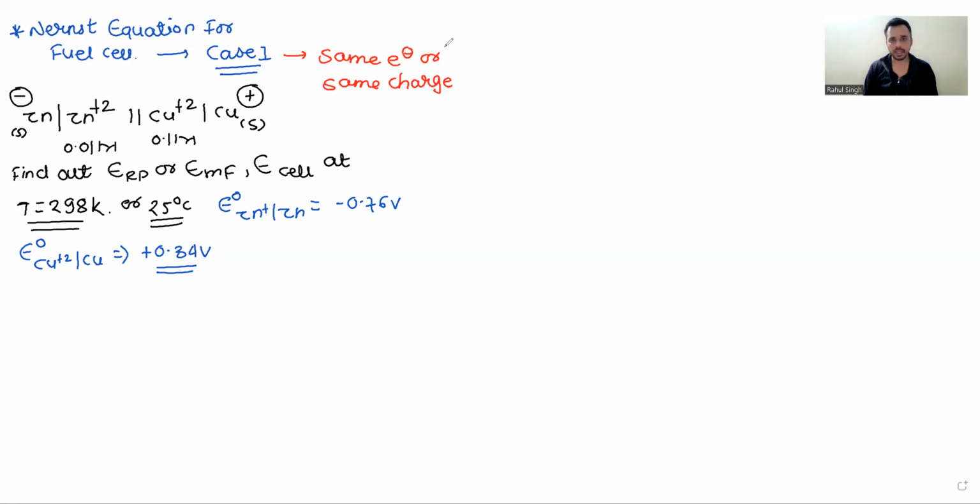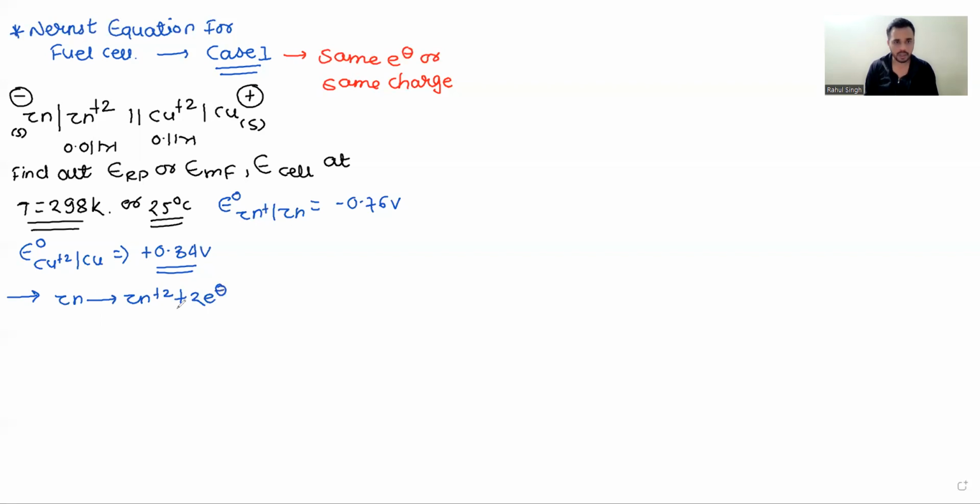Now let's talk about the answer, which is a very important part. We will first see where exactly oxidation is taking place and where exactly reduction is taking place. Zn is losing 2 electrons, Zn2+ and 2 electrons.